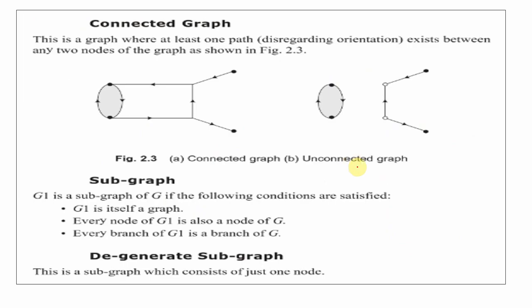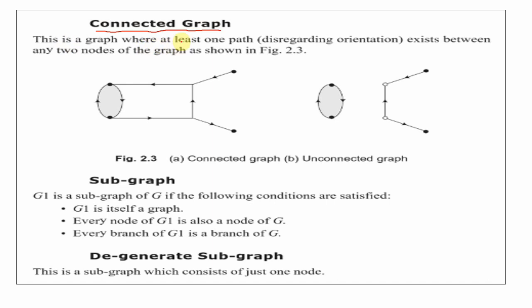Now some basic terminologies are there, and on the basis of that, many times in the examination they ask questions like define the connected graph. Even some multiple choice questions are designed on the basis of this basic terminology. Now a connected graph is very simple. Here a definition is given.